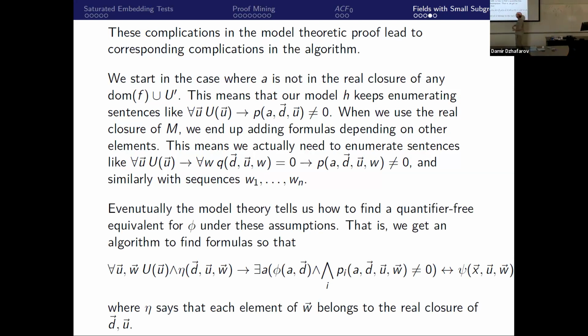Something that says, under the assumption that I extend by these extra elements from the dense subgroup, plus some extra W's from the real closure, then I get a quantifier-free equivalence. And if I'm not in this case, then there are finitely many disjuncts, and I can deal with each of those. And then I can reduce to the other cases, and one ultimately gets an algorithm that I'm obviously not going to go into further detail about in the last 5 minutes.